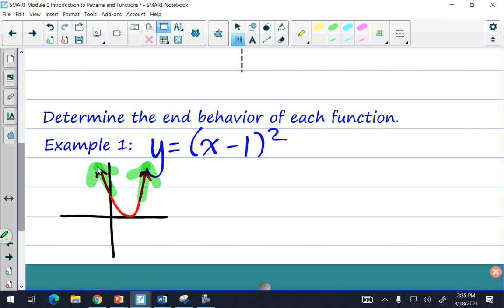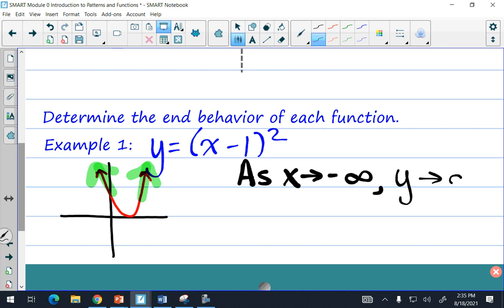Now the way we write this on the left side is as x approaches negative infinity. There we go. And as x approaches negative infinity, y is approaching infinity. That's how we say up.